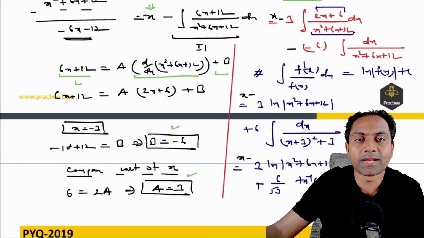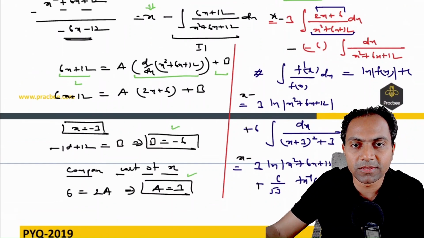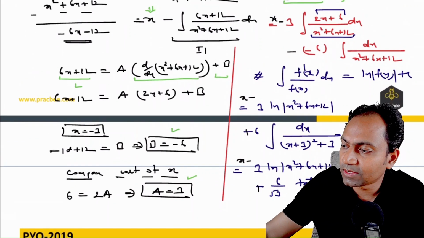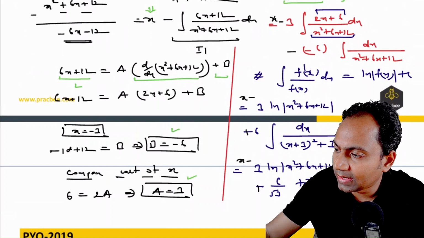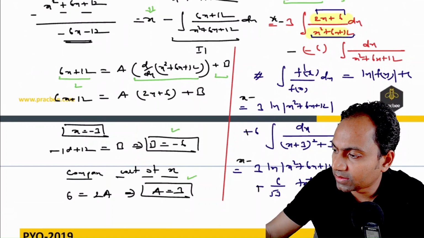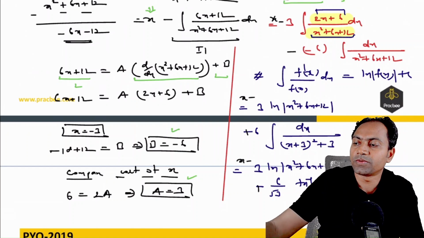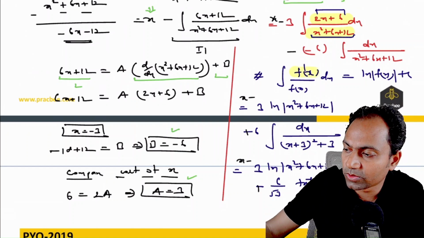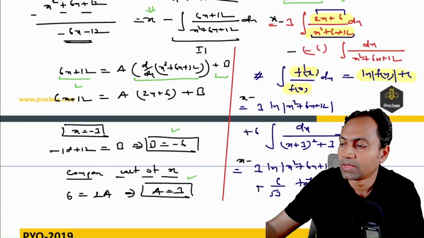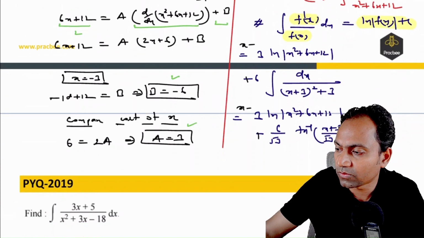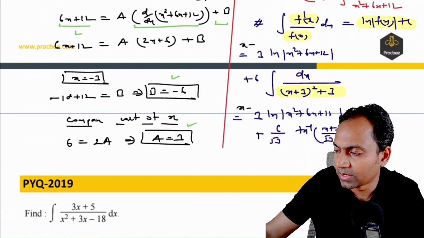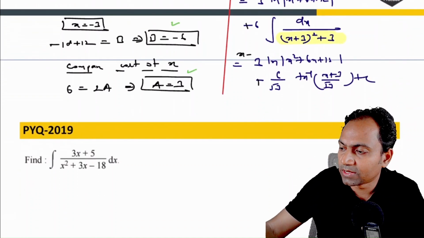So once I write it down, in the first part it is nothing but a function in the denominator whose derivative is written in the numerator. So it is f dash by f x form. We can integrate and find the value. In the second part, this is dx by root of quadratic, and for that we can make a perfect square here, apply the formula and get the answer.